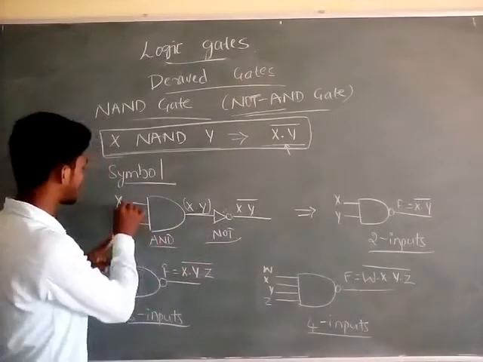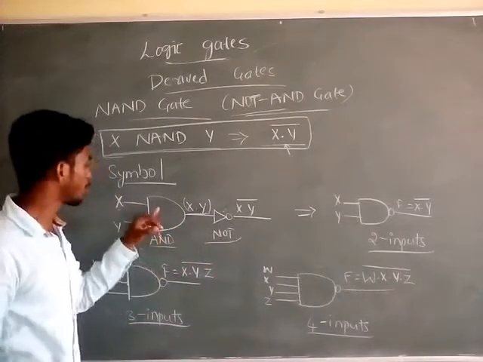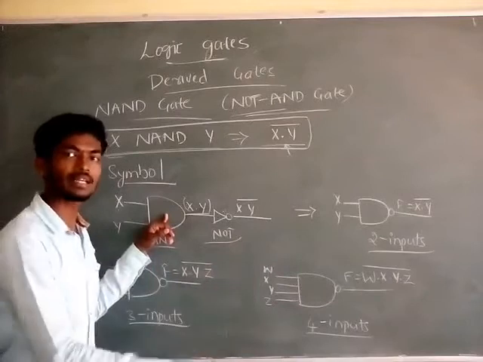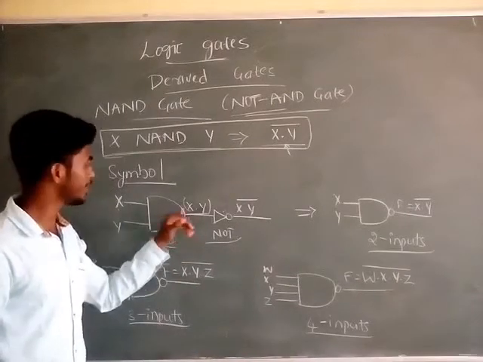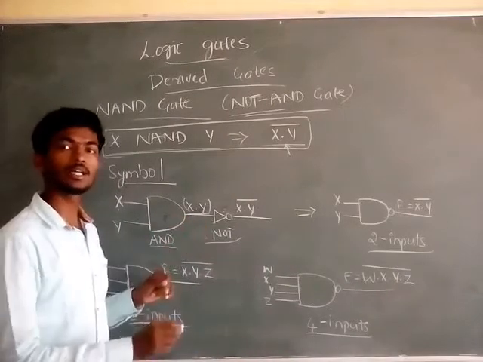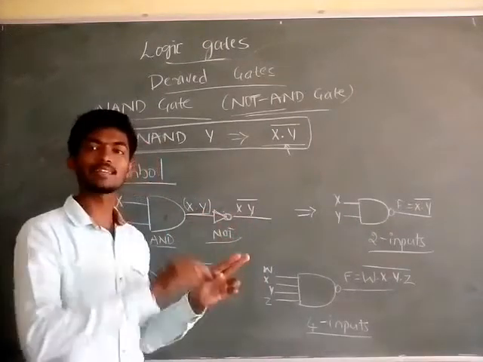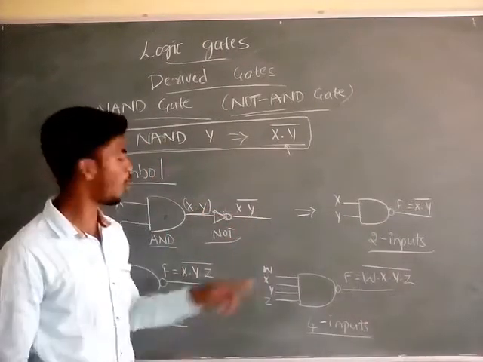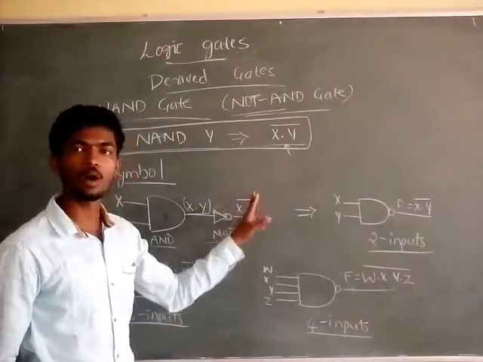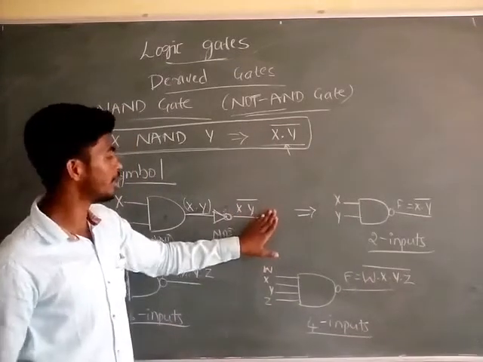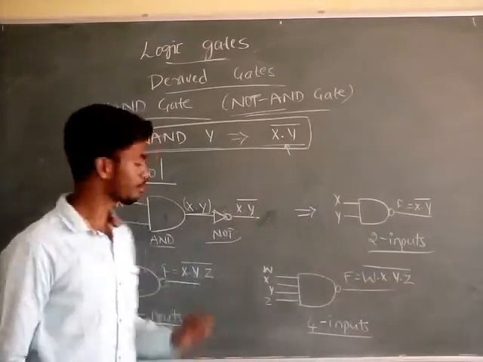The result of this AND gate, X into Y, will be the input for the next NOT gate, which will make the result complemented. (X into Y) complement will be the result of the NAND gate.